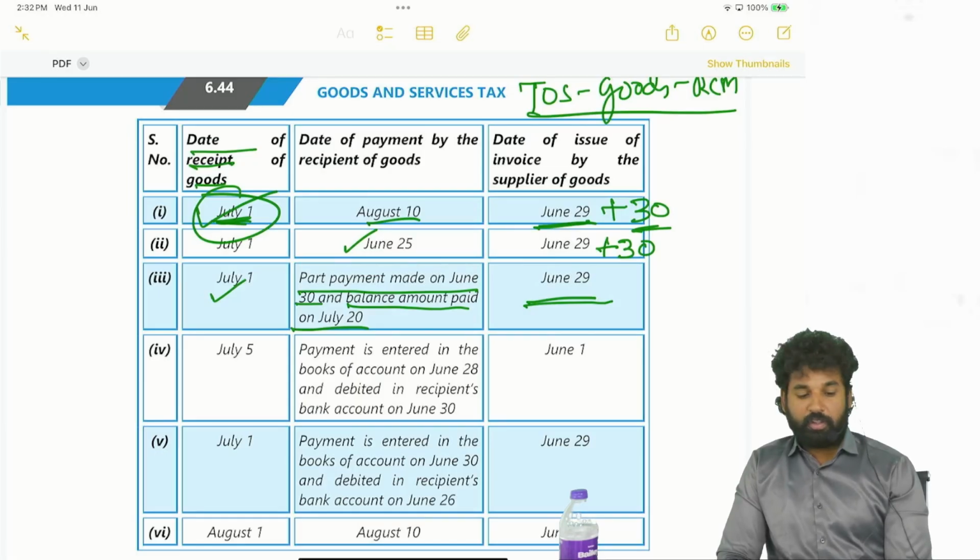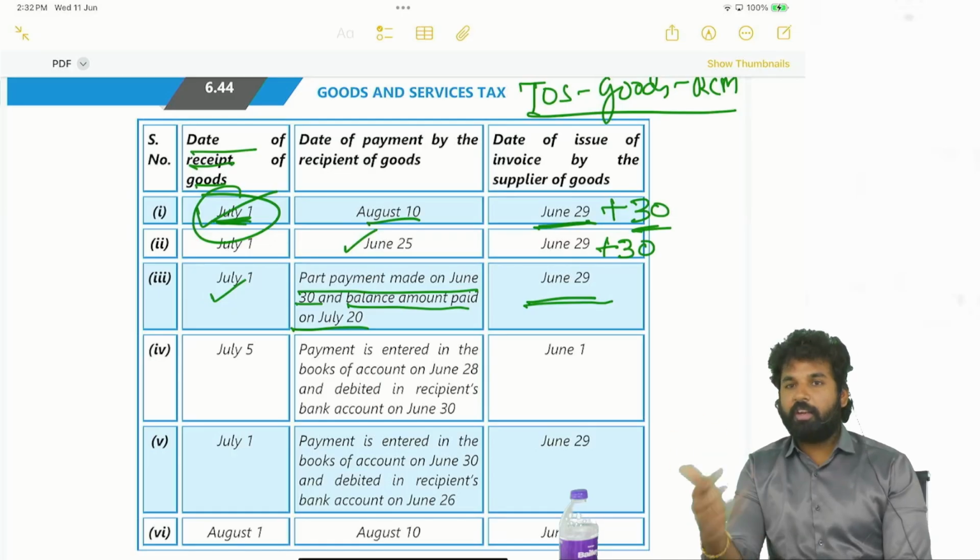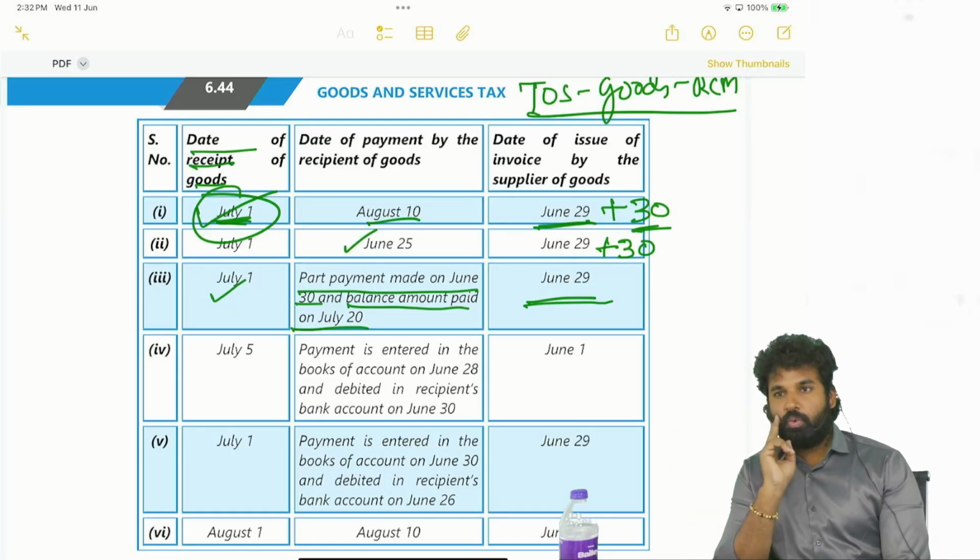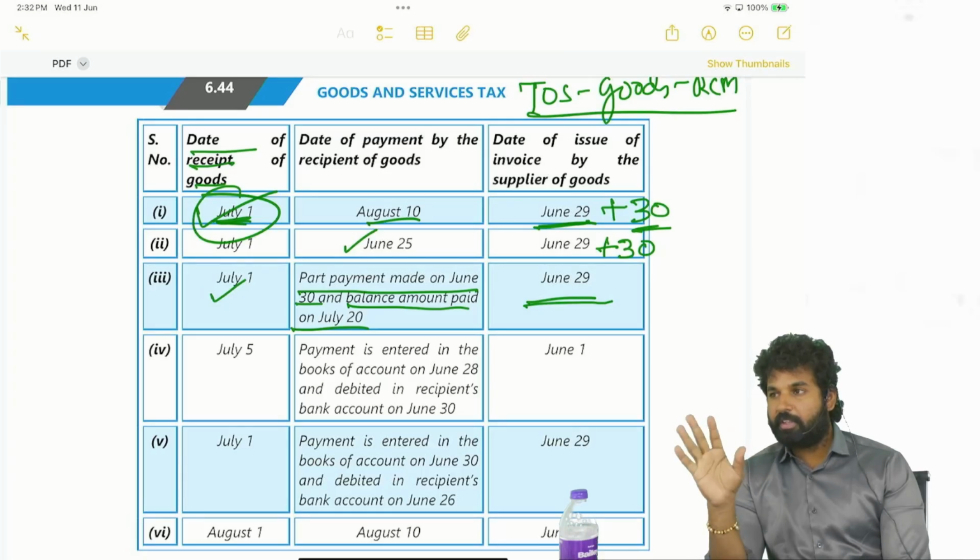Okay, with respect to what? Goods under reverse charge mechanism. Services under forward charge and reverse charge. If it is a case of goods and forward charge mechanism, date of payment is irrelevant. Only one time of supply. If it is goods and reverse charge mechanism, however many payments there are, that many times of supply.